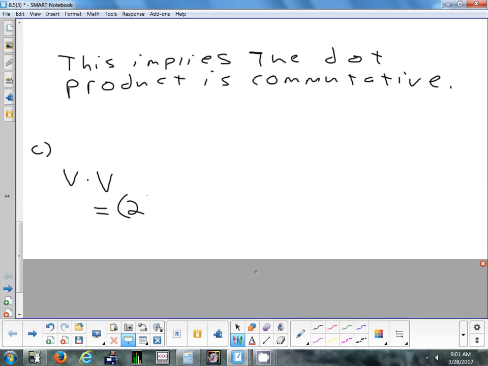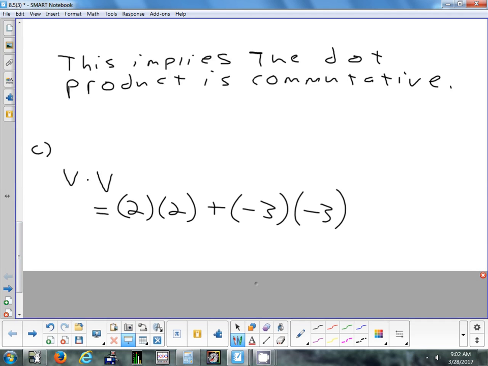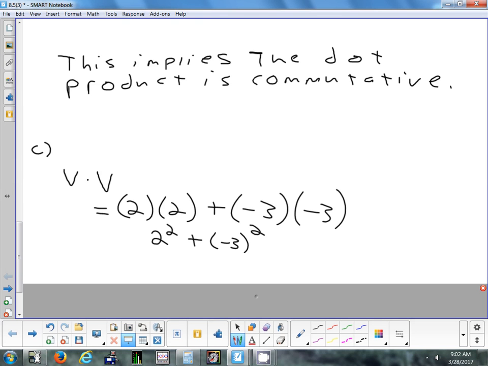So 2 times 2, negative 3 times negative 3. And what is 2 times 2? It's 2 squared plus negative 3 squared. And the reason I wrote it like that, and now I'll simplify it, is because I want, hopefully, to notice something.